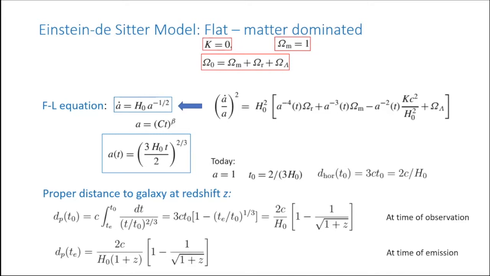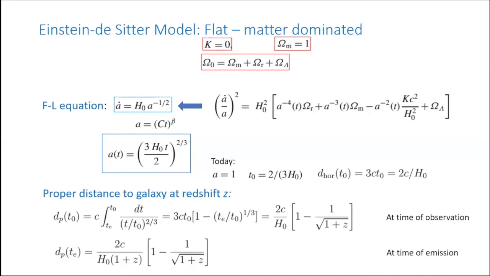So the horizon distance is the limit within which you could see things. It is the longest distance that a photon could propagate given the age of the universe, right? With that you could also do some calculations.